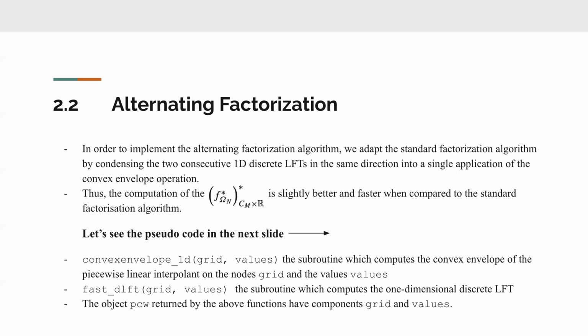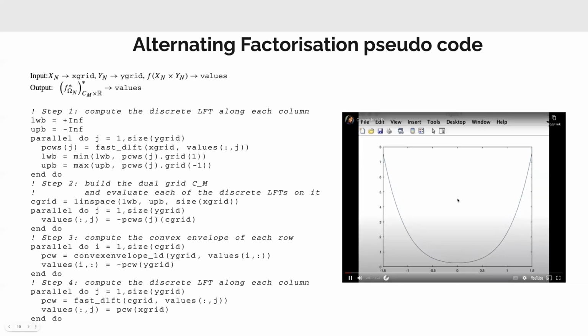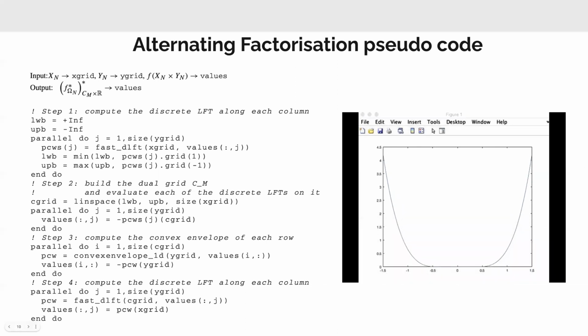So let me tell you about the one-dimensional algorithm that is mentioned here as fast DLFT. It initially calculates the convex hull and then finds the conjugate. And here is a visualization of how the convex hull in one dimension gets calculated.